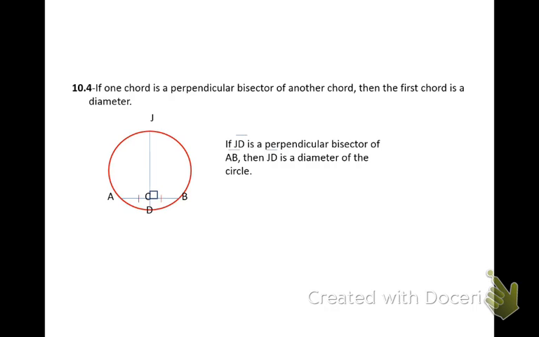It's the perpendicular bisector of a chord. We had that last time, right? We know the perpendicular bisector of a chord goes through the center. So JD has to be a diameter. It's an extension of that perpendicular bisector theorem we learned last time, just rather than saying JD goes through the center, we're going to call JD a diameter.